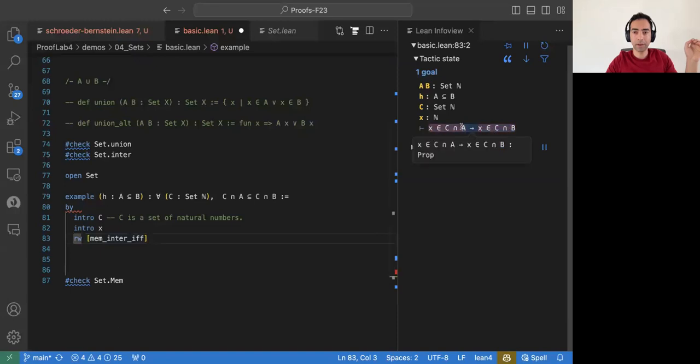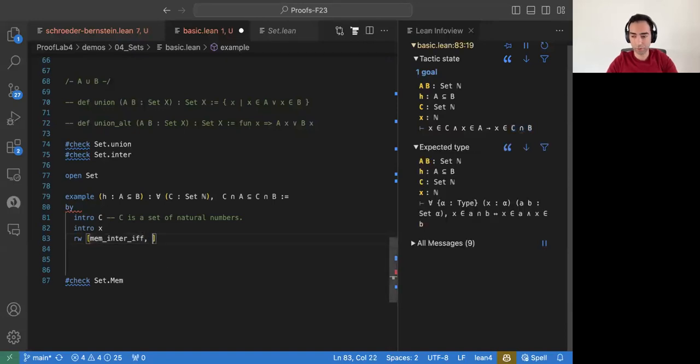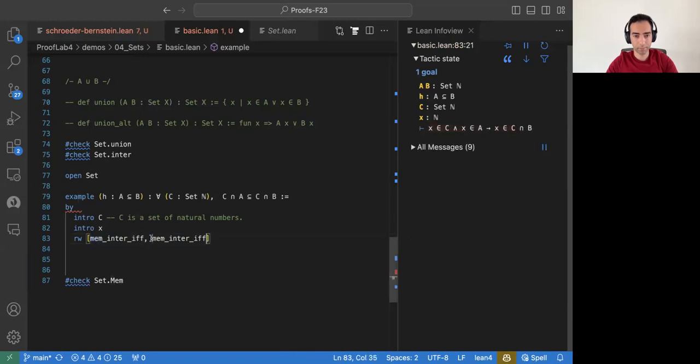And now I'm just simplifying what's the meaning of intersection, right? So after this, my goal is if X is in C and A, then X is in C and B. And now I want to also simplify the meaning of intersection in the goal. So maybe I want to do it twice. Okay, we just simplified the goal by simplifying what intersection means. Right?